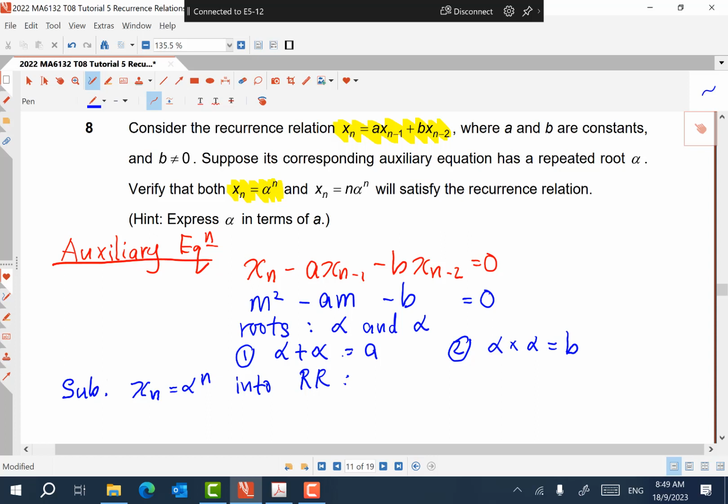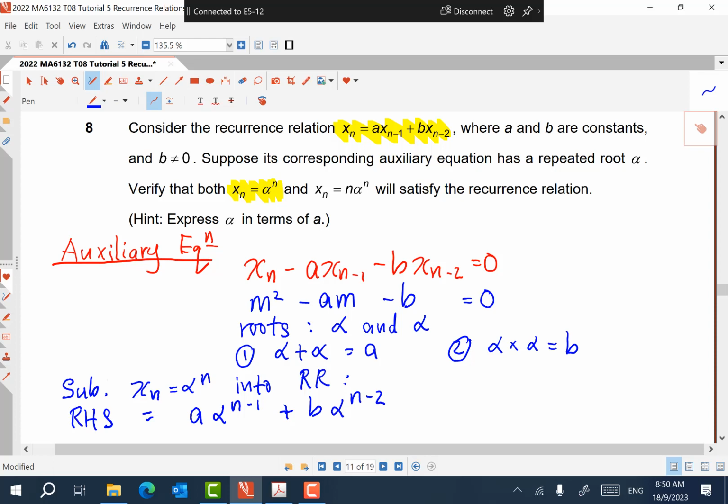So I'm going to plug into the right hand side. Usually when we want to prove something, we want to start off with the more complicated expression. Because it's not left hand side, I start with the right hand side.